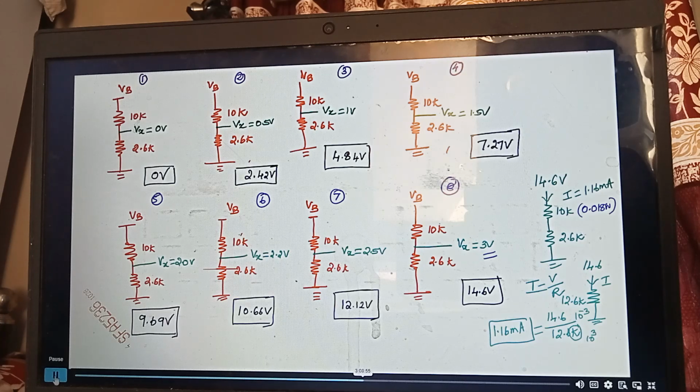Is it for 2.6K or 10K? 0.0049. So everyone please check. The power dissipation for 10K is 0.018 watts and for 2.6K it is 0.0049 watts.